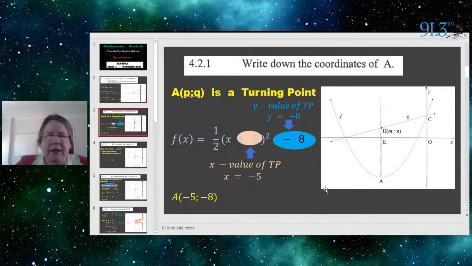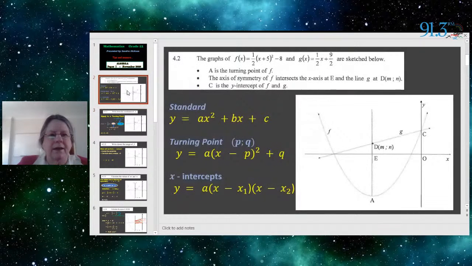So A would be (-5; -8). Right? So that is question 4.2.1. And it all hinges around, and I'm going back to understand what this formula tells you. It actually gives you the turning point directly.